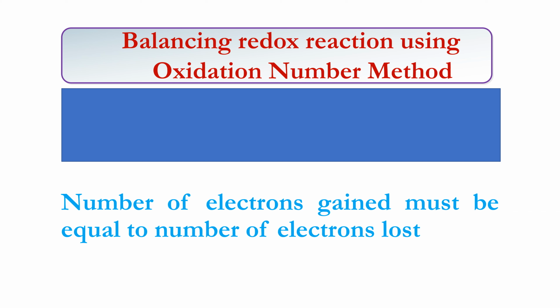So it is very important to always remember, whenever you are using the oxidation number method to balance a redox reaction, that the overall charge for the total of all oxidation numbers must be 0.